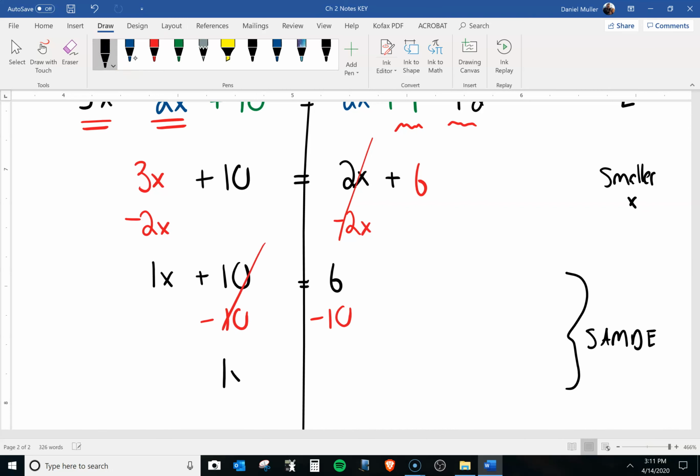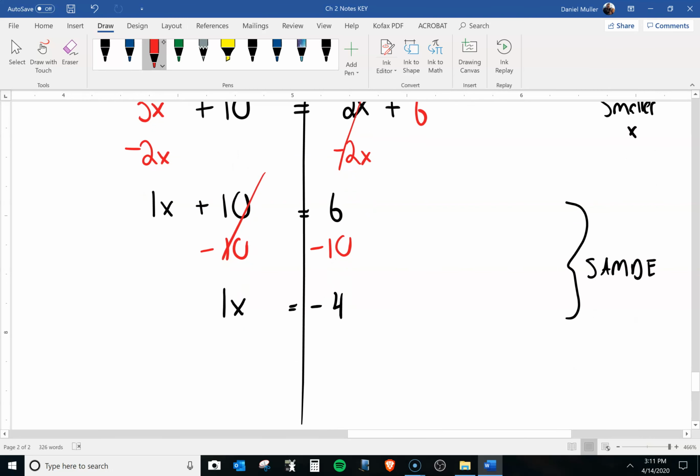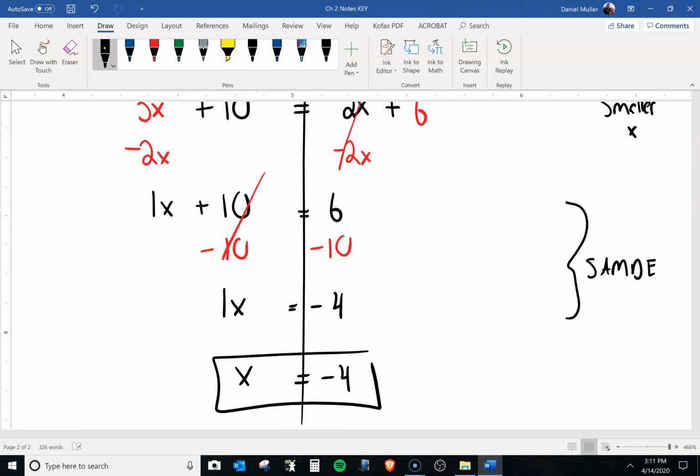So I have a 1x on the left, and 6 minus 10 is a negative 4. And I wrote 1x, but again, I don't actually need to write 1x, as I mentioned back at the beginning. 1x equals negative 4. Well, we're just looking for what is an x. Well, an x, or 1x, or just x is negative 4. So in that case, we're done.